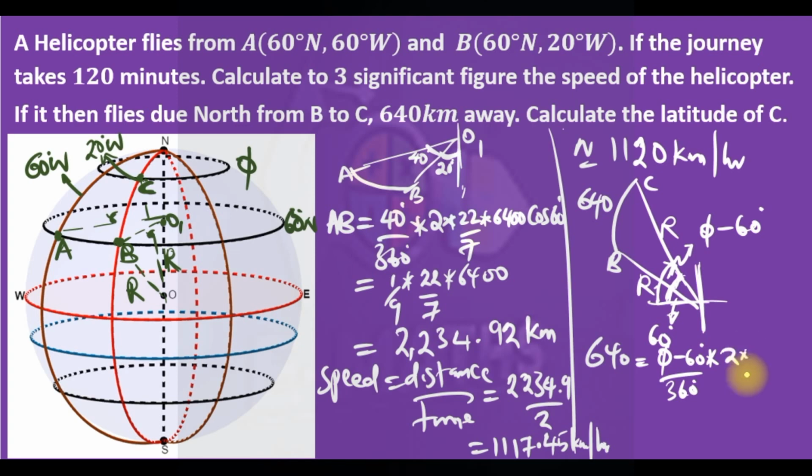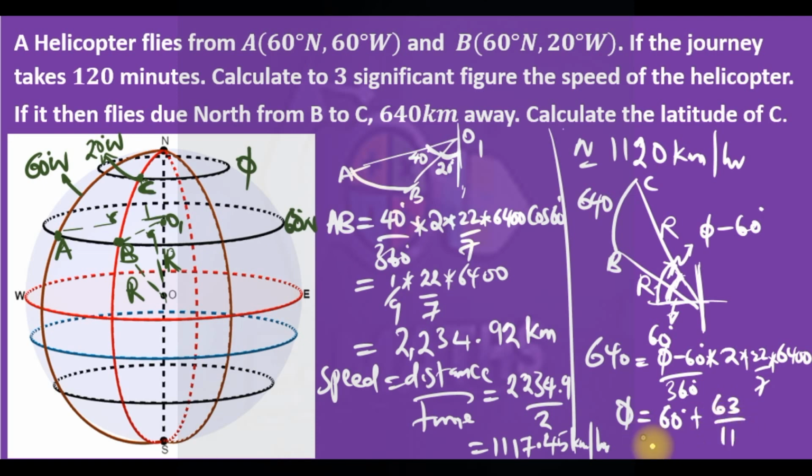So 2 pi is 22 over 7, and big R is 6,400. Let's make phi the subject of the formula. Phi is now 60 plus, simplifying, remaining 36, 2 in 36 is 18, 2 in 22 is 11, so 9 times 7 is 63 over 11.